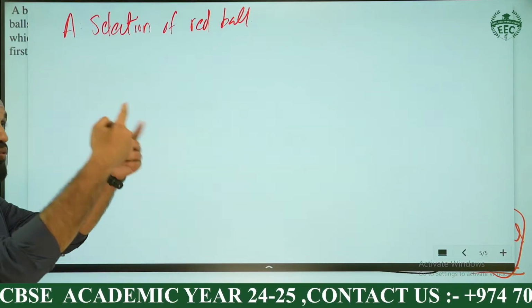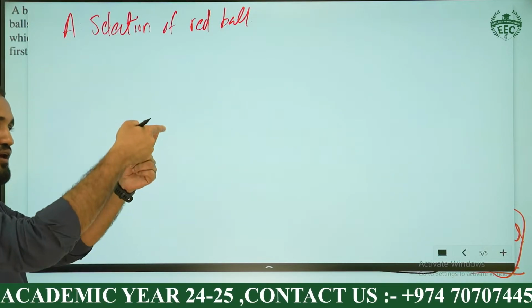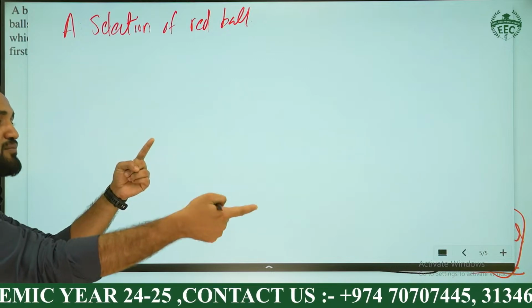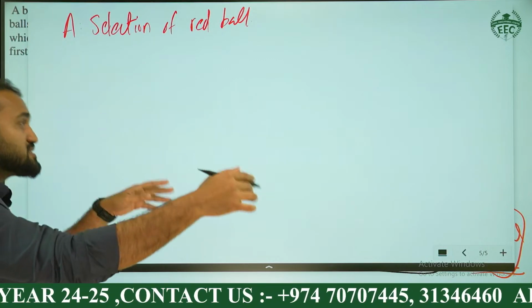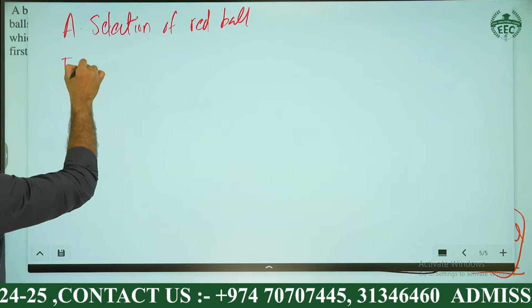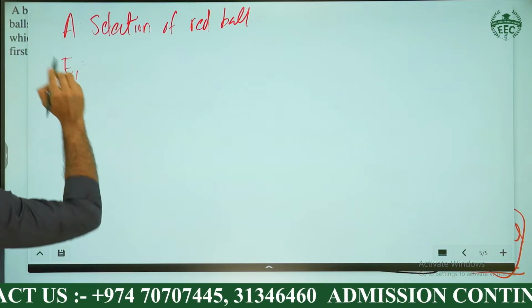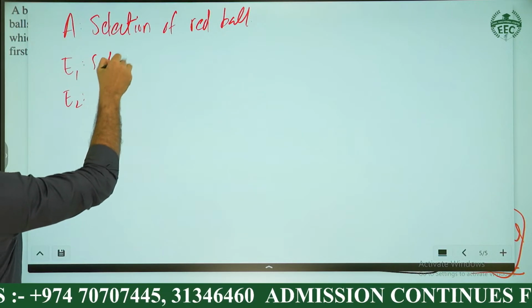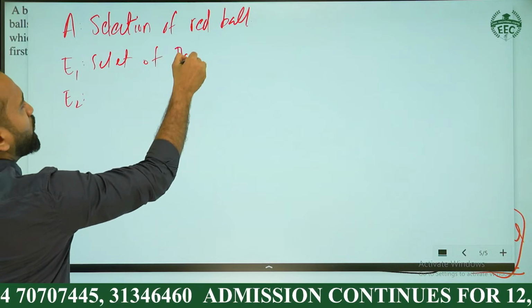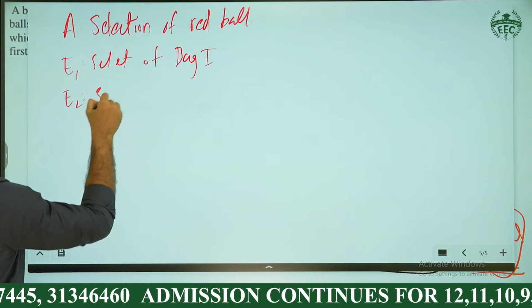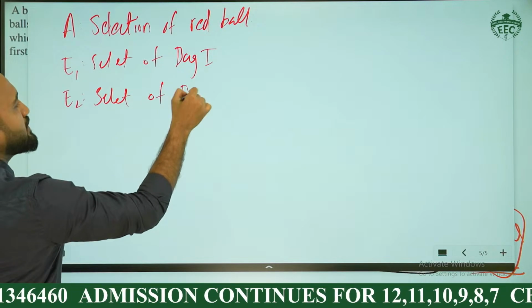Now, the red ball was present in bag number 1 as well as bag number 2. That is the first selection. So define E1, E2, not event B coming after A. E1 is selection of bag number 1, and E2 is selection of bag number 2.